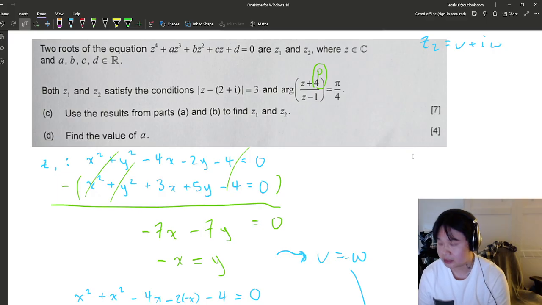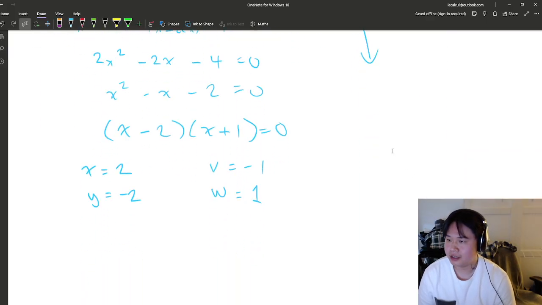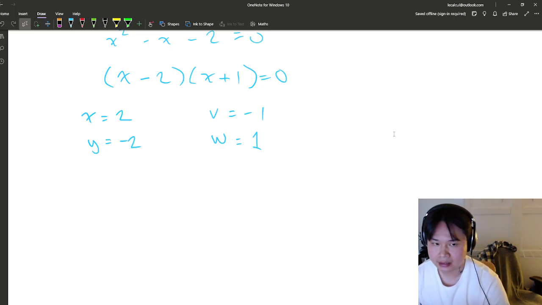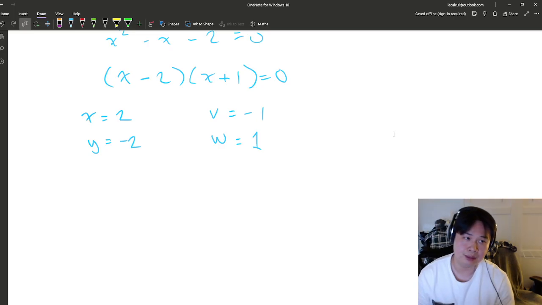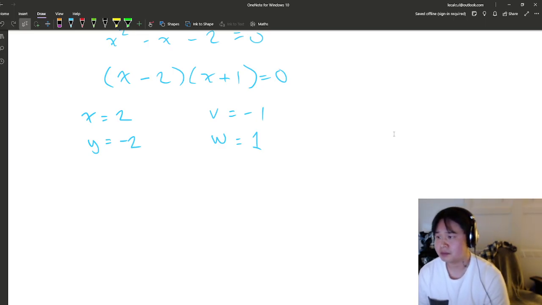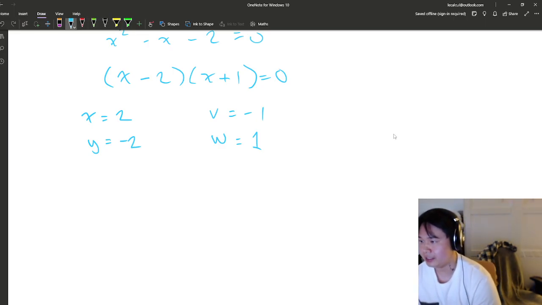A is this one, right? We did it. We're going to use Vieta's formulas, so we know what all four roots are because these two are distinct complex roots, which means both of their conjugates are also roots, so that's all four roots.